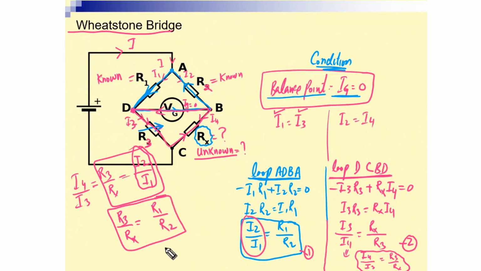Now if you need to find Rx, Rx will be equal to R3 times R2 by R1. So with this one you can find the value of the unknown resistor just by following these steps. Maybe this is quite long to derive, but you can find out the relationship.